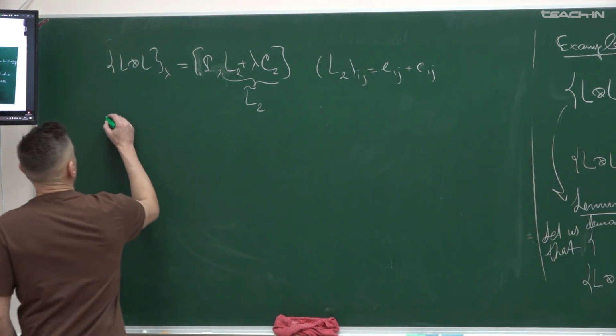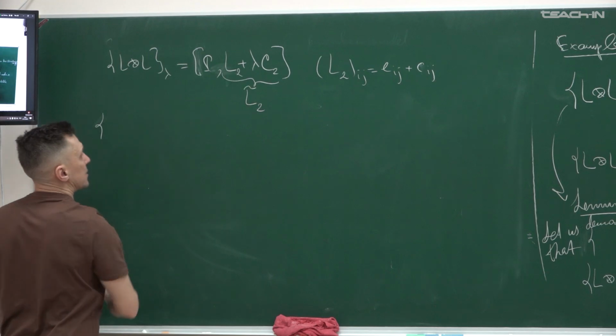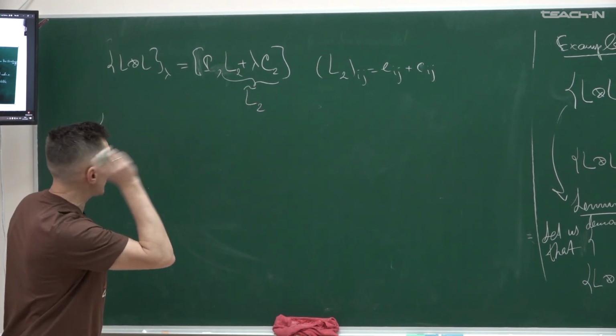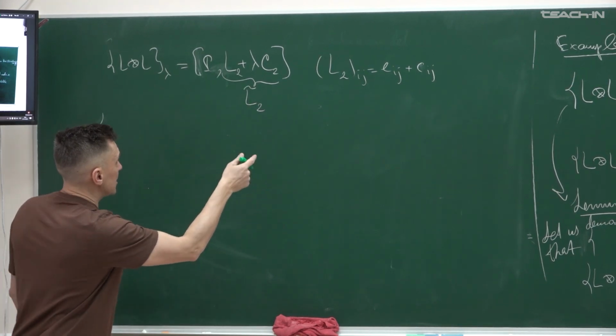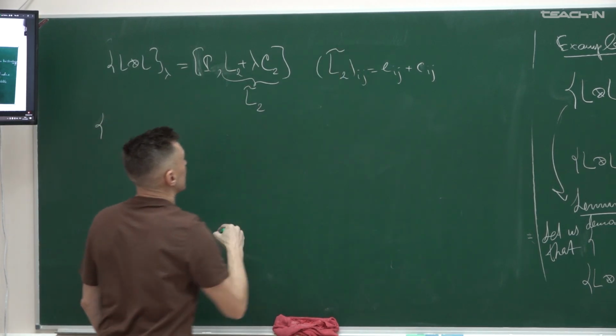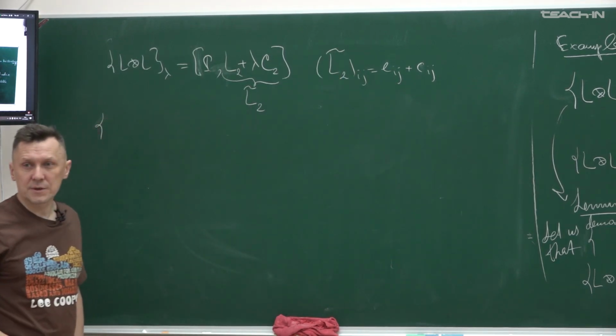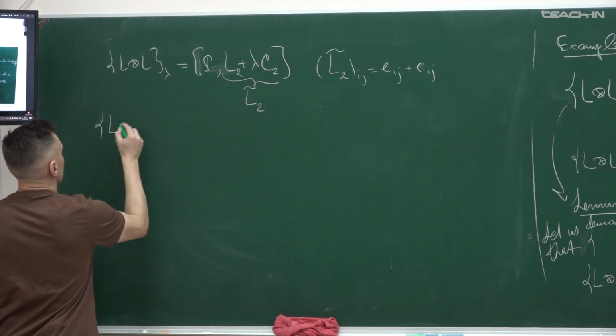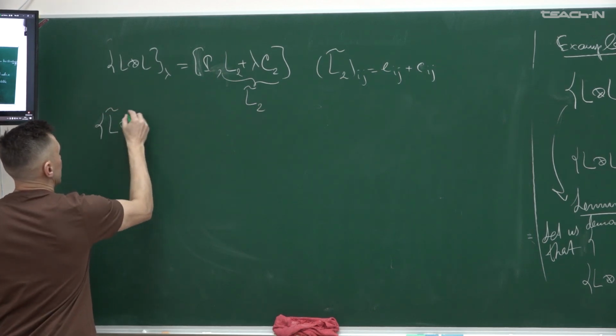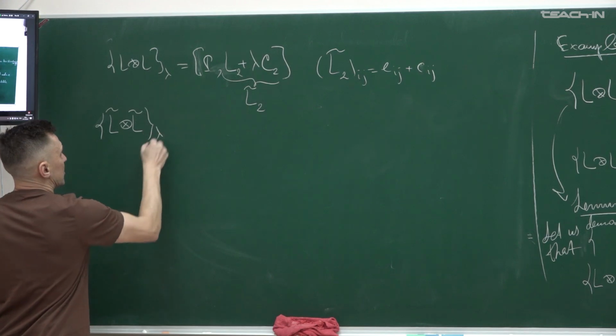And now I would like to write the Poisson bivector operation in terms of this new variable, and I'd like to write such a Poisson bracket.